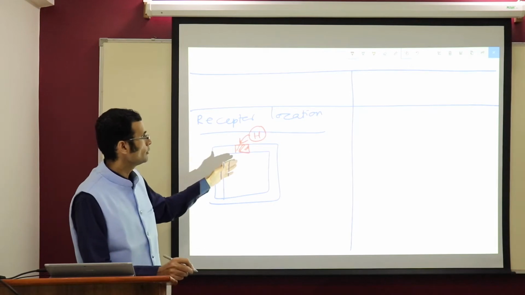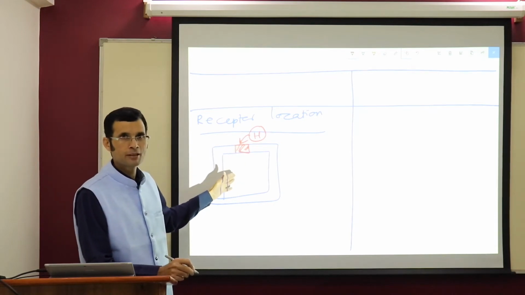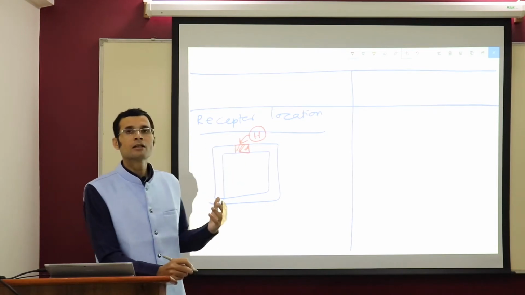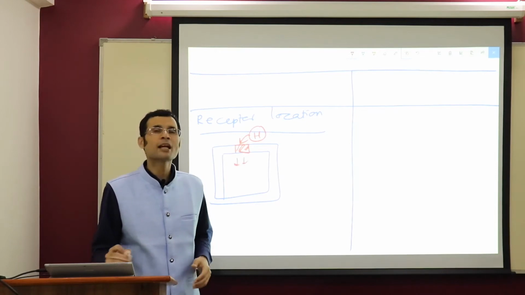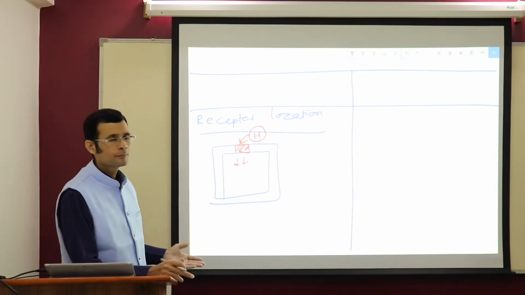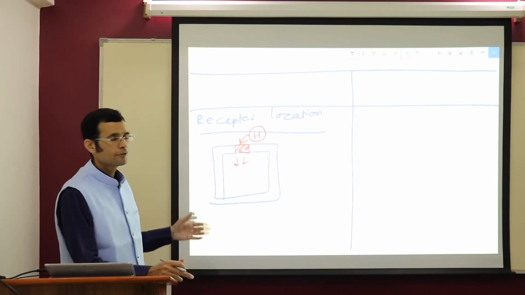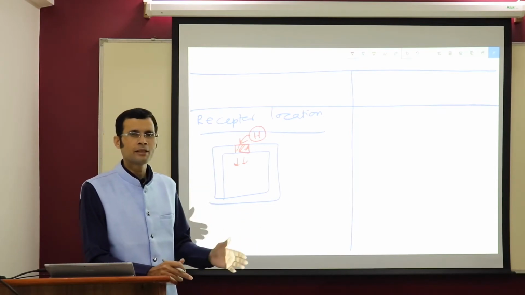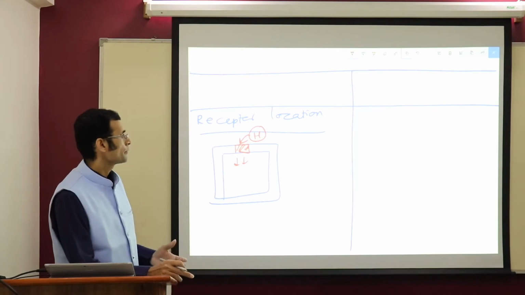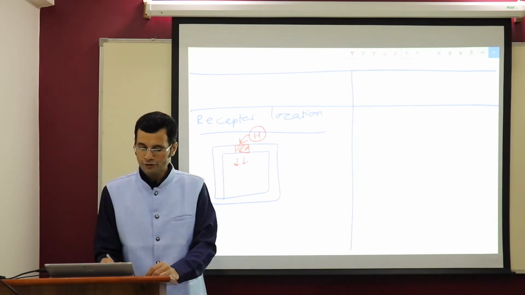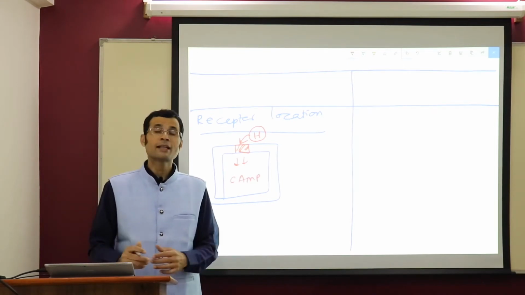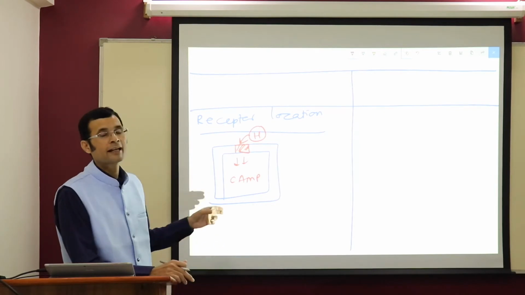And when the hormone binds with the receptor in the cell membrane, there is activation of enzymatic machinery inside the cell, such as adenylyl cyclase enzyme, which will be activated and will convert ATP into cyclic AMP, just for the example. And then cyclic AMP, for instance, or cyclic GMP will act as second messengers.